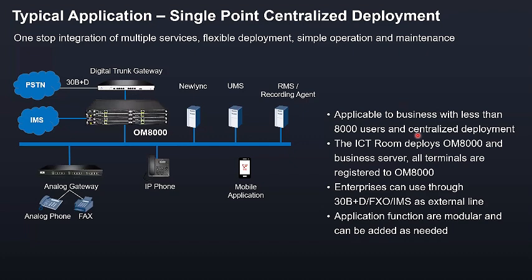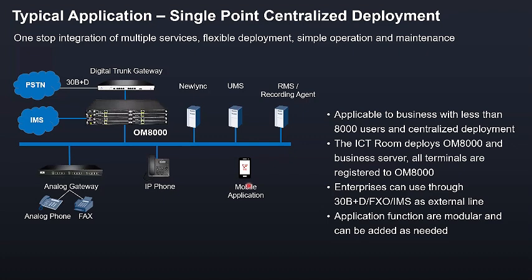The technical room deploys our OM8000, and the business server, of course, and we have the terminals registered to it. These are the terminals. Again, you can also register third-party cell phone applications, as well as all the other IP phone brands, to the OM8000.